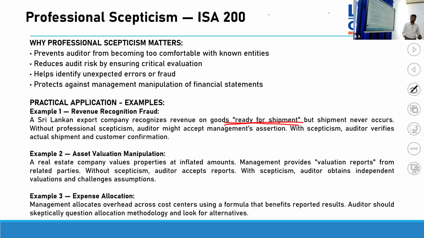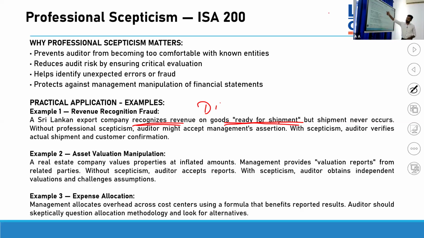When recognizing revenue, there are five criteria that must be satisfied. If one of your performance obligations is to deliver the goods, before you complete your delivery, you can't recognize your revenue, because you must complete your performance obligations.